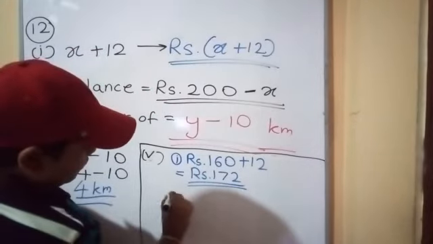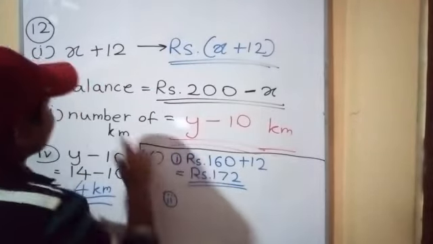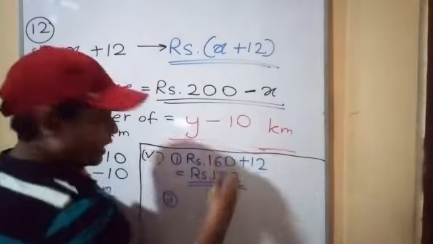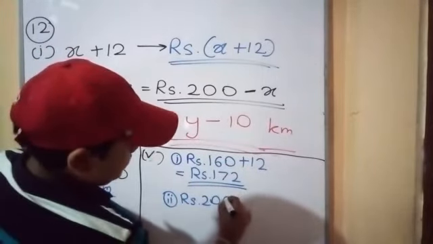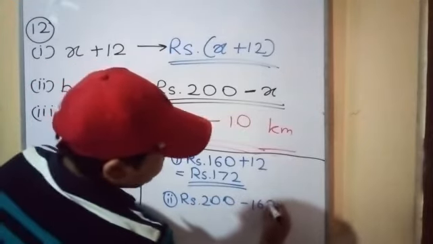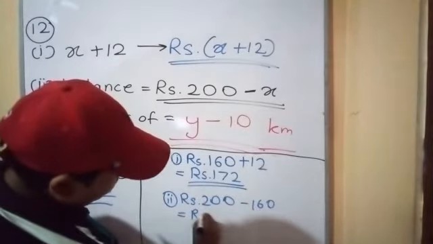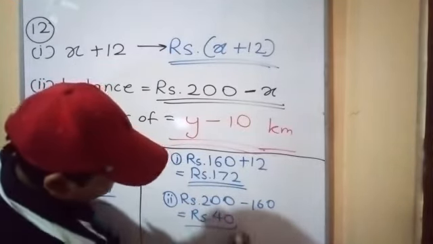For the second question, they ask for the balance from 200 rupees. Now 200 subtract X, which is 160. What's the answer? 40 rupees.